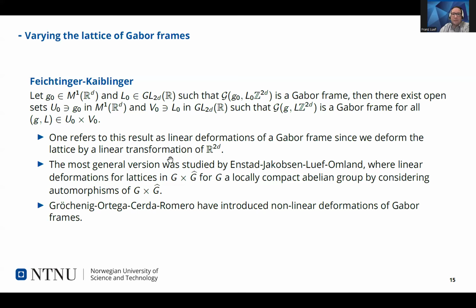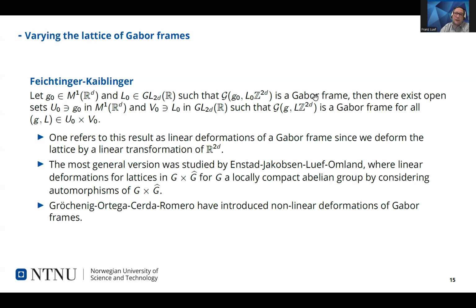But you can extend this. Before we just used that you have translations and then you can multiply with characters. This is something you have for a locally compact abelian group and its Pontryagin dual.